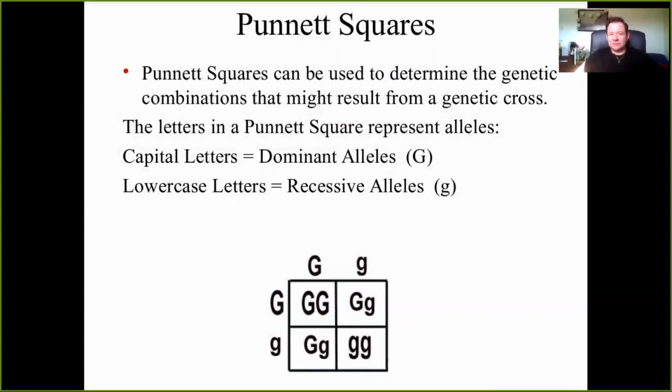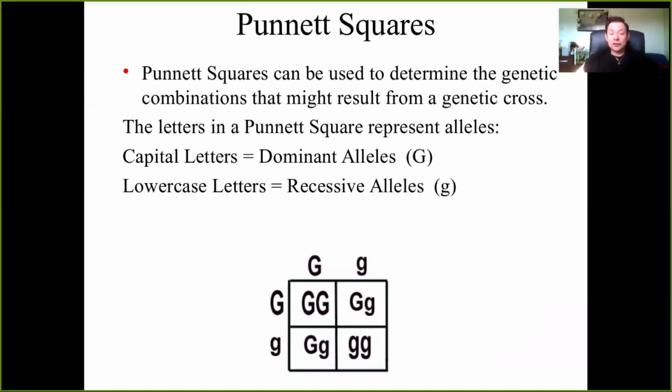Punnett squares. This is the real clever bit of Mendelian genetics. Punnett squares can be used to determine the genetic combinations that might result from a genetic cross. The letters in a Punnett square represent alleles. Capital letters, as I've already said, are dominant alleles. Lowercase are recessive alleles. So this square shows all the possible combinations you could have in an offspring if both parents had a dominant and a recessive allele, a big G and a little g, for example.